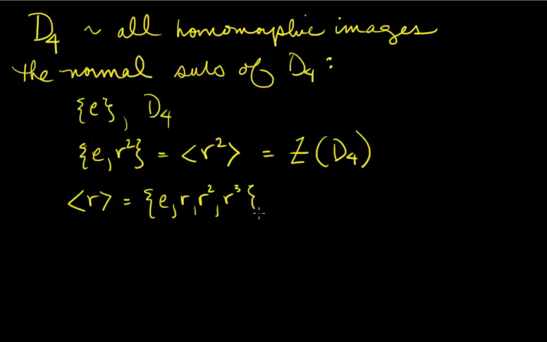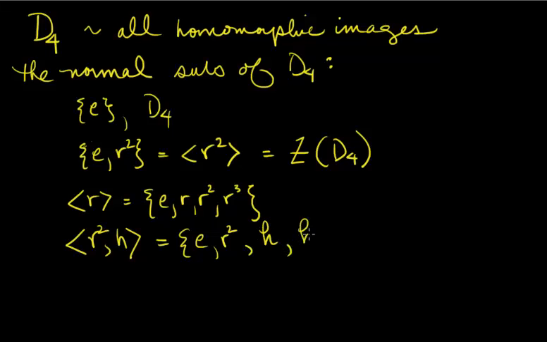And we have two other normal subgroups that have 4 elements in them. One is generated by both R squared and H. Take all possible powers and products of the two elements, and we get E, R squared, H squared is the identity, and we get H, H R squared.